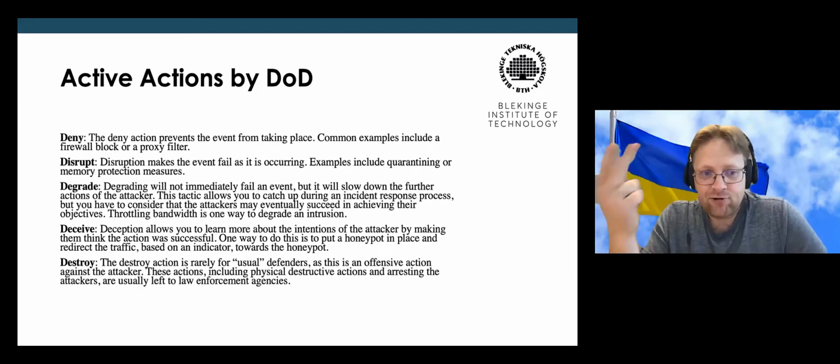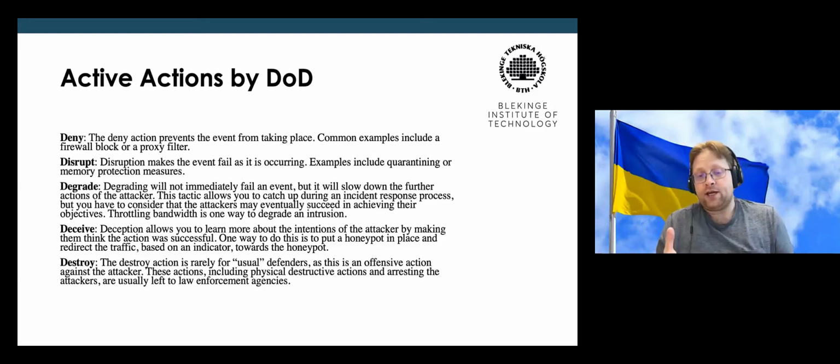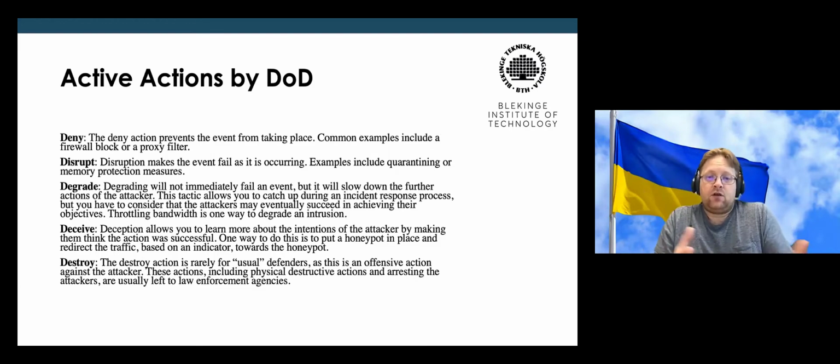It's interesting, but all these activities also start with D: deny, disrupt, degrade, deceive, destroy. 5D. The deny action prevents the event from taking place. Yeah, just blocking by firewall or quarantine by antivirus. Disruption makes the event fail as it is occurring. It's the same, also an example of quarantining the memory of the process. Degrade.